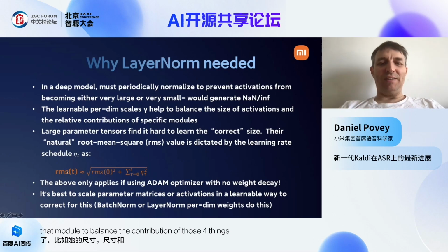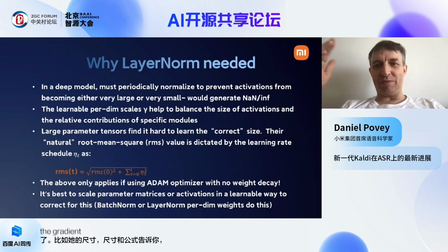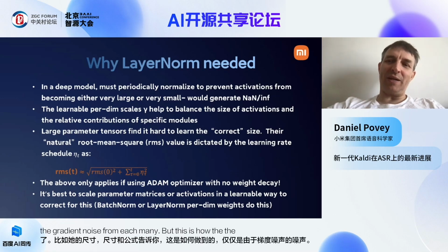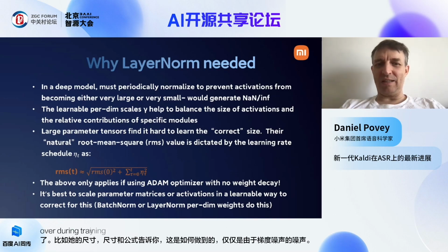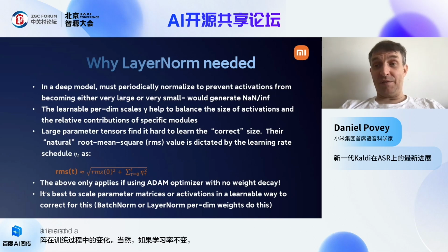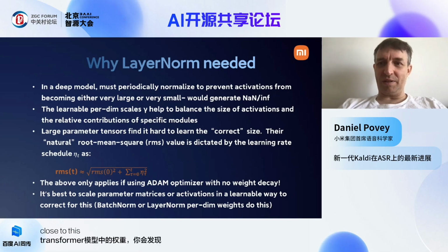That formula shows you how, just due to the gradient noise from each mini batch, the size of the weight matrix will change naturally during training. If the learning rate is constant, it'll follow a square root of t line. And actually, if you look at the weights in transformer models, you'll see that they're quite close to this formula.